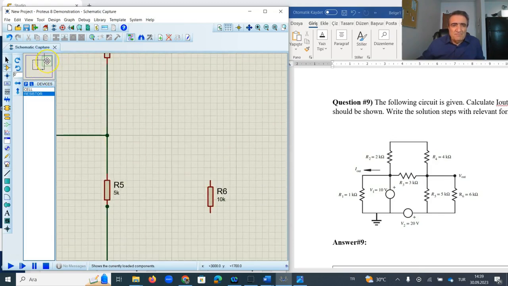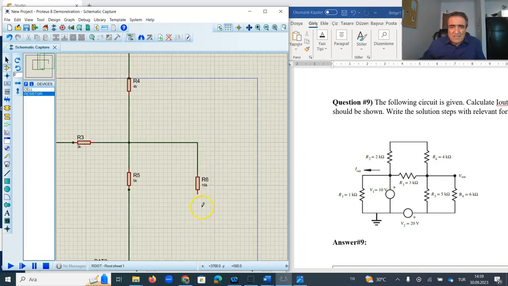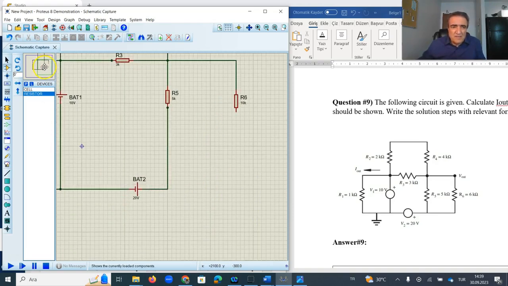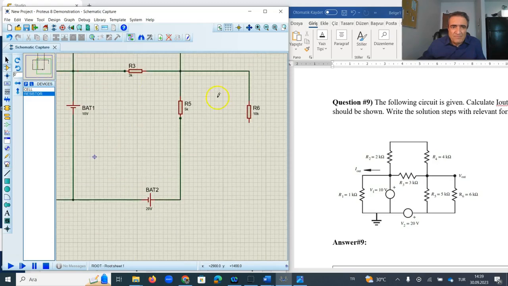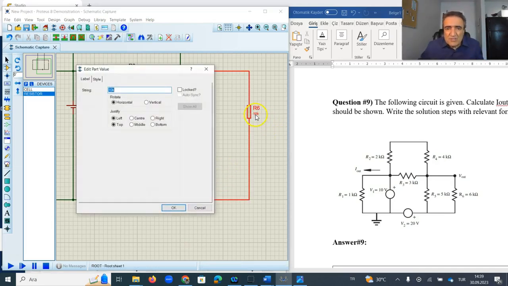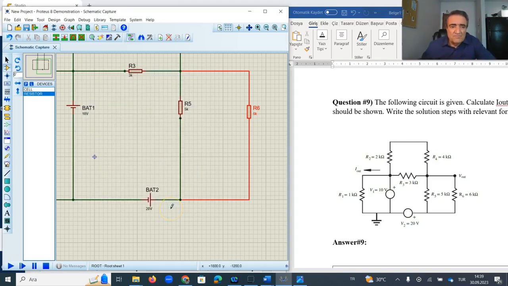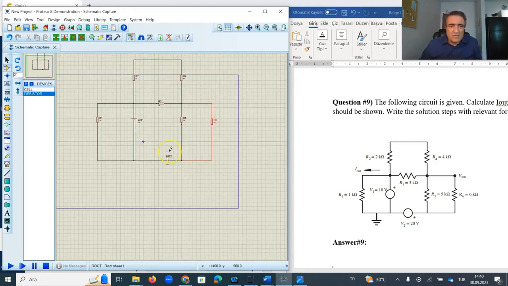Now the connection for resistor 6, and then we have to connect and change the resistor value. This is 6 kilo ohm. I think we completed our circuit.